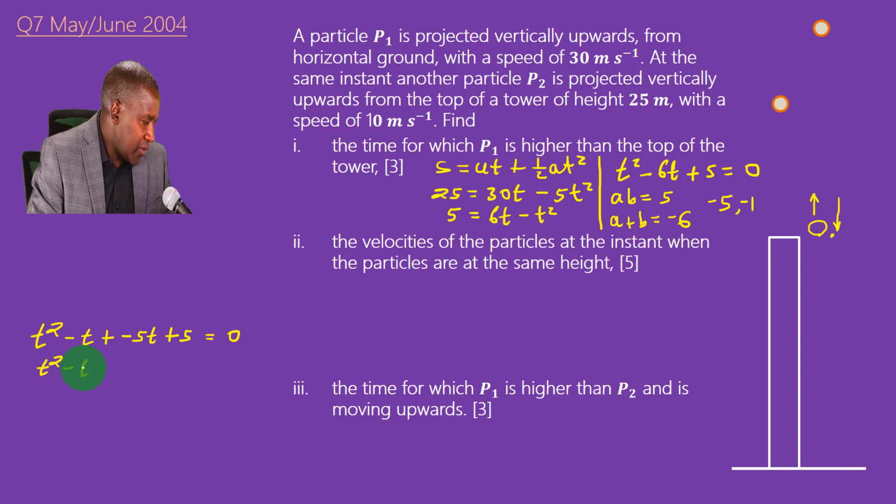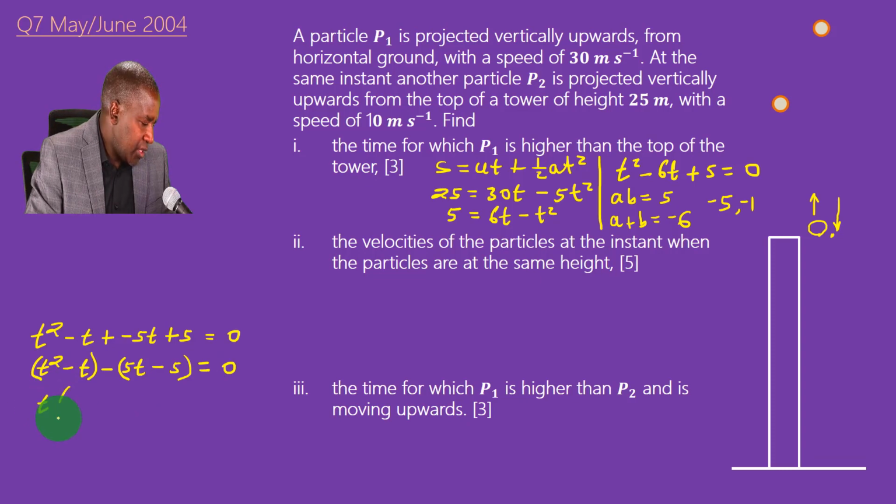T squared minus t minus 5t minus 5. In order for me to put brackets like that, I'm going to get 0.